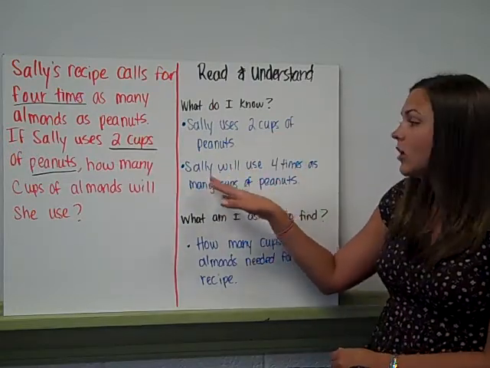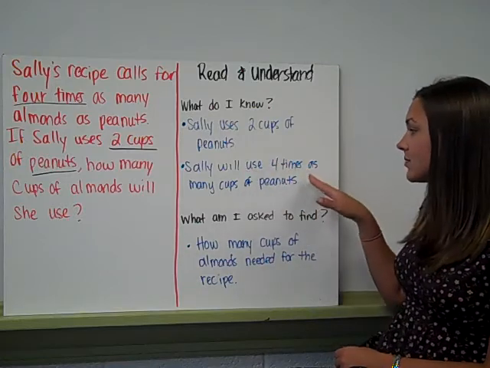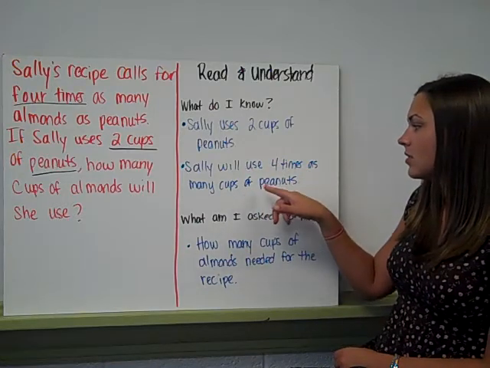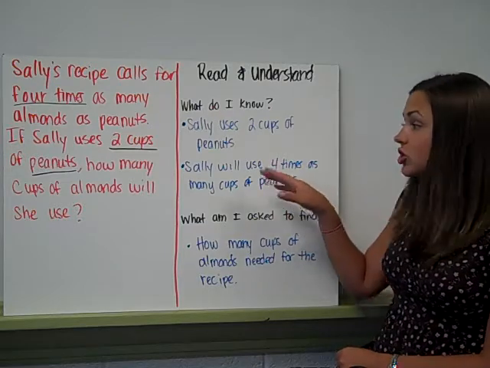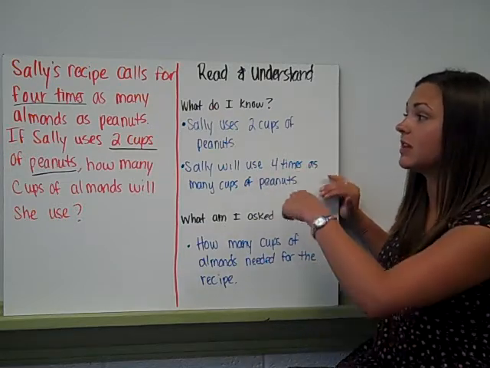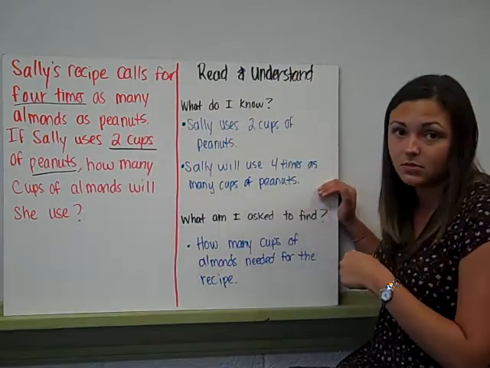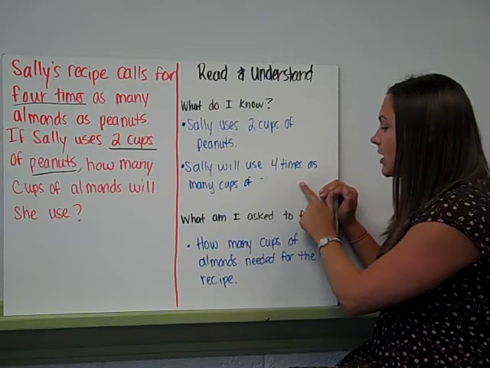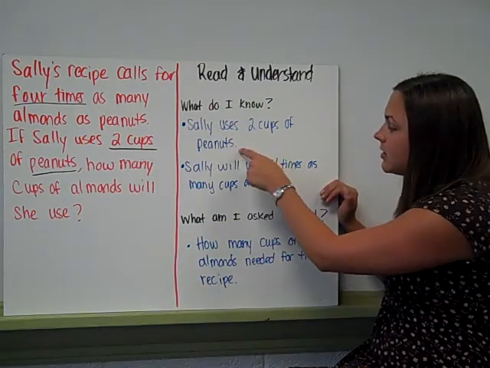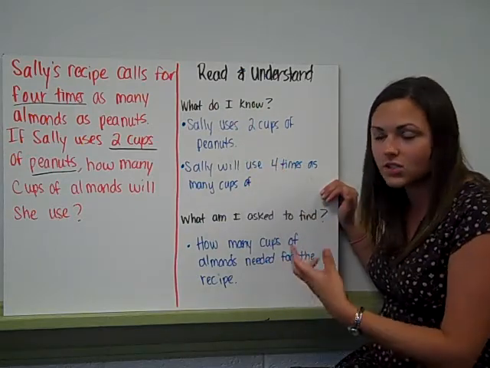Another thing that we know is that she will use 4 times as many cups of almonds. She's going to use 4 times as many as the peanuts to give us the almonds, that total.